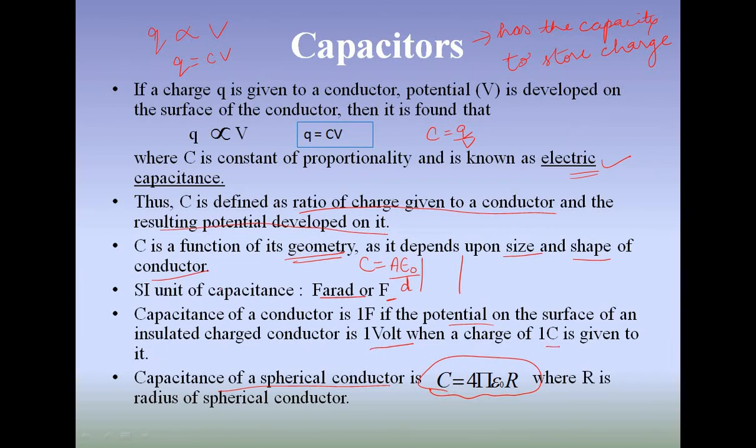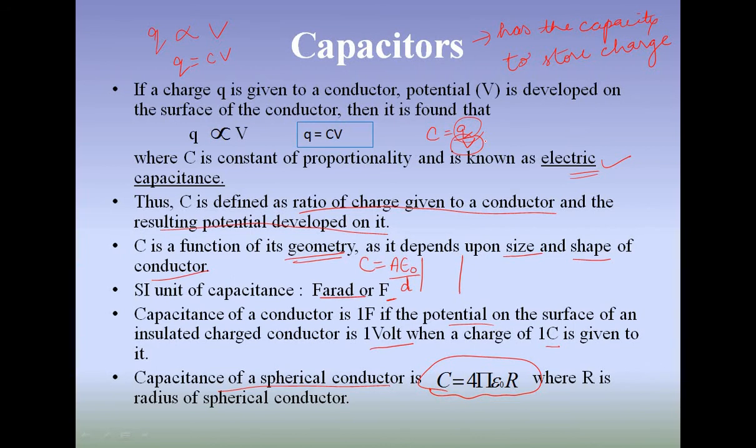So the capacitance is Q by V, with a charge of 1 coulomb and a potential of 1 volt. That is the unit of capacitance, the farad.